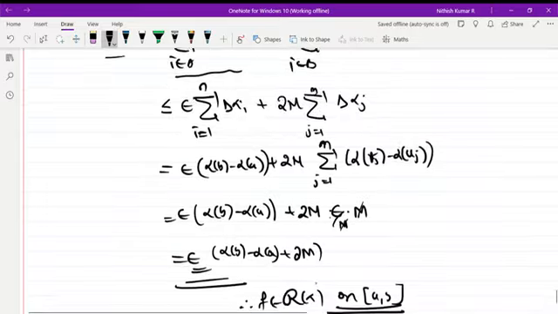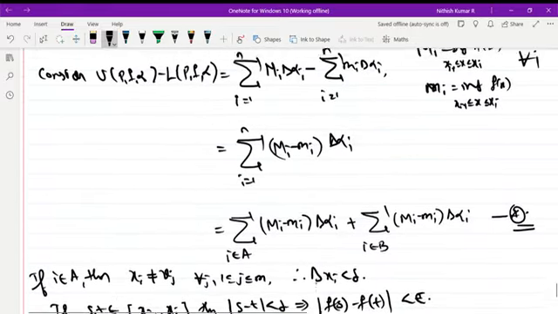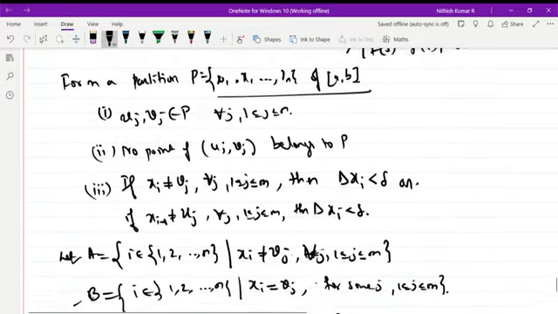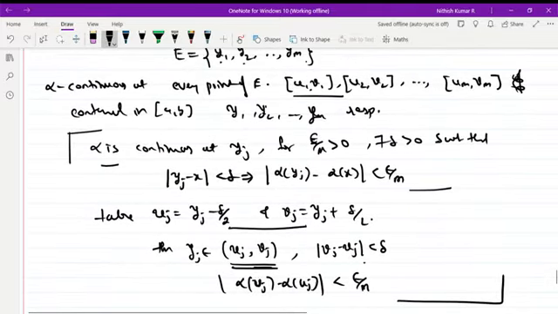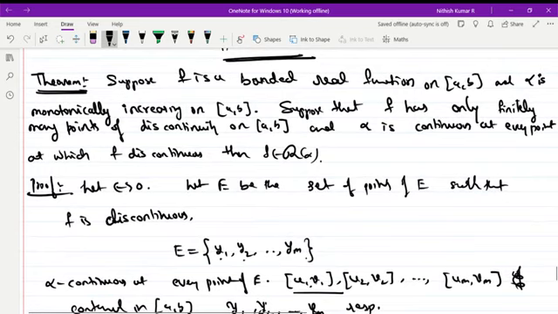Hence observe that if f is a bounded real function on the closed interval a comma b and alpha is monotonically increasing on it, suppose f has only finitely many points of discontinuity on the closed interval a comma b and alpha is continuous at every point at which f is discontinuous, then f is Riemann integrable.